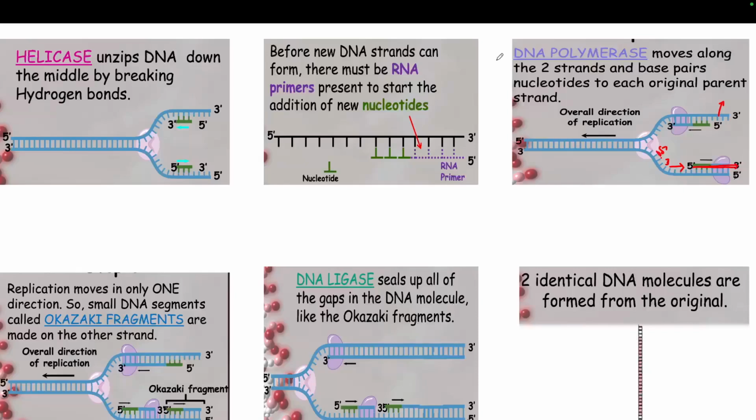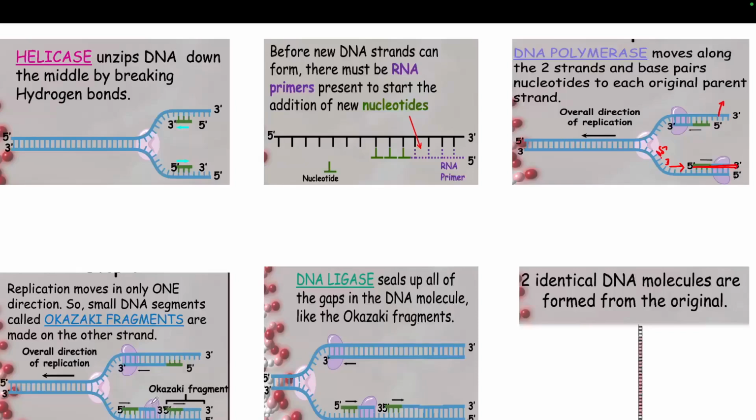Firstly the helicase will come and unzip the double-stranded DNA. Then primase will come and make a short sequence of primer, and after that DNA polymerase will come and add the nucleotides in the 5' to 3' direction. In case of the lagging strand, the synthesis will happen in patches.